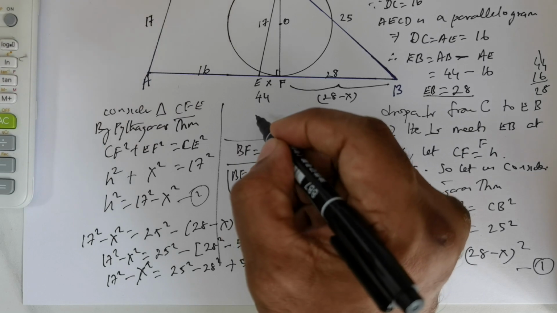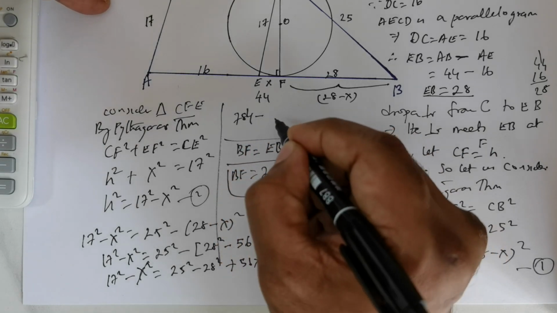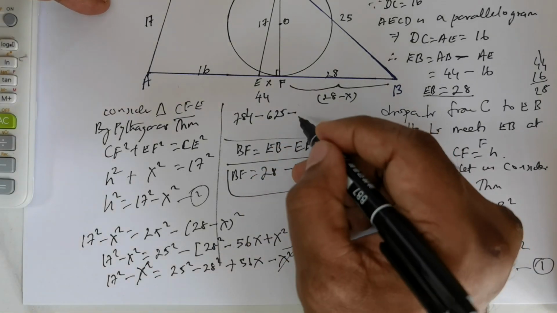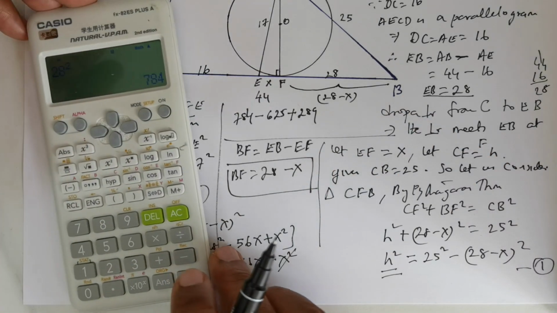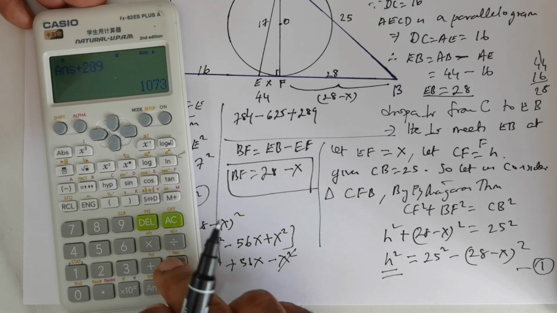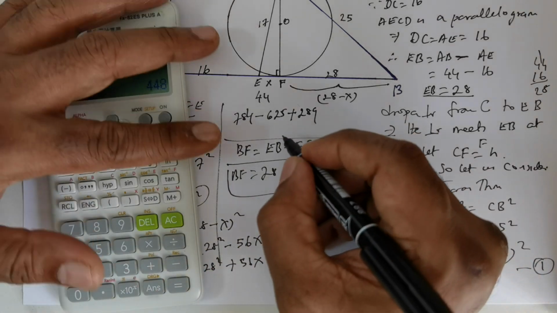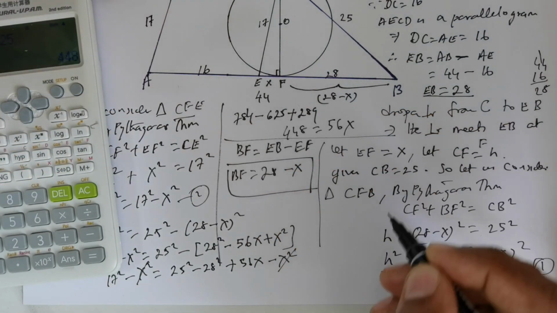So that's going to be 784 minus 25 squared is 625, and there is 17 squared, that's 289. So this added with 289 is this minus 625. That's going to be 448 is equal to 56x.